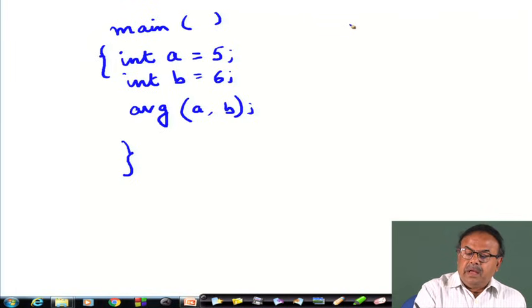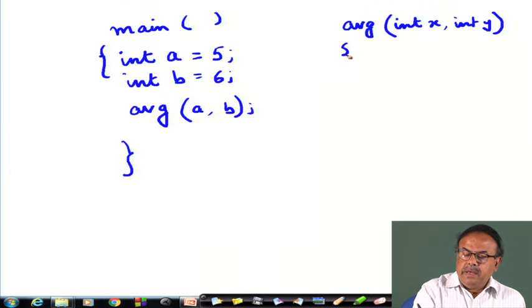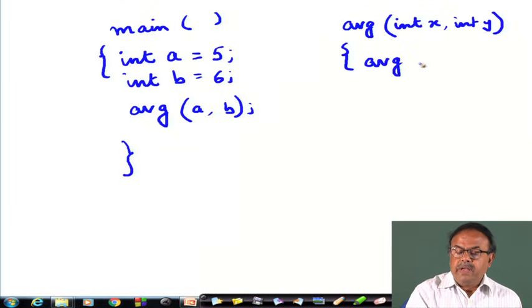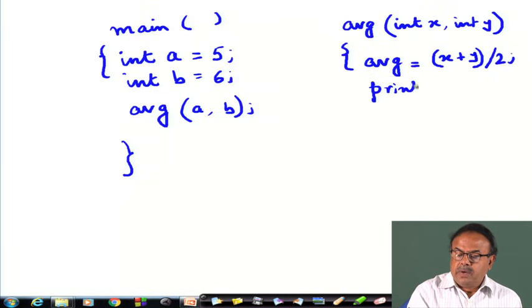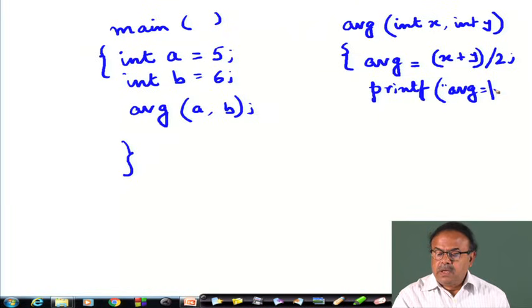And here I write average(int x, int y), and here I just compute avg equals (x + y) / 2. Then printf("avg = %f\n", avg), that you understand now.